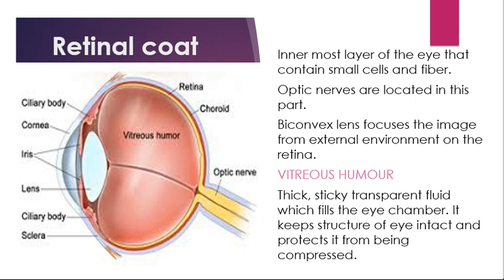After this layer, there lies a chamber in the eye. Vitreous humor. The eyeball is empty inside and contains vitreous humor. Okay. So this chamber contains vitreous humor. What is the function of this liquid or this humor? It is a thick, sticky, transparent fluid which fills the eye chamber.